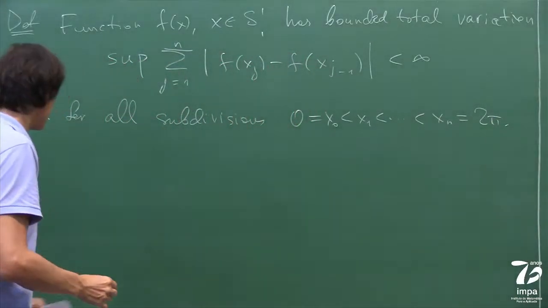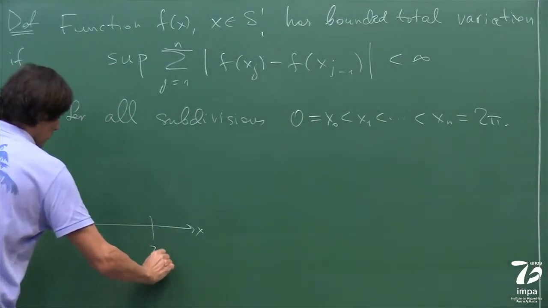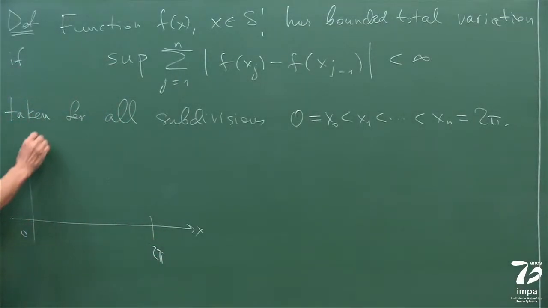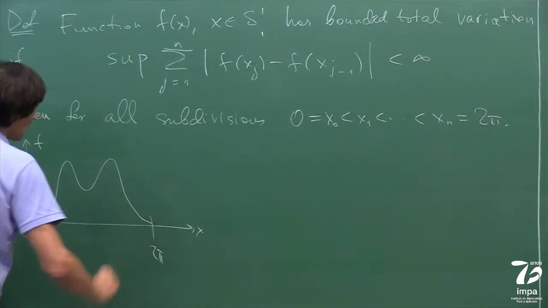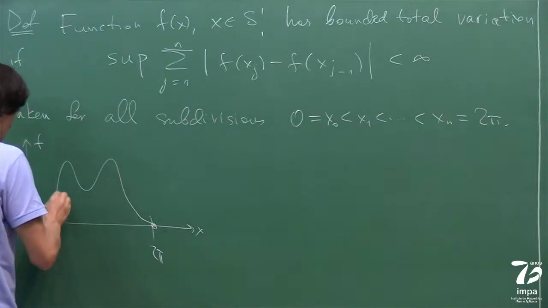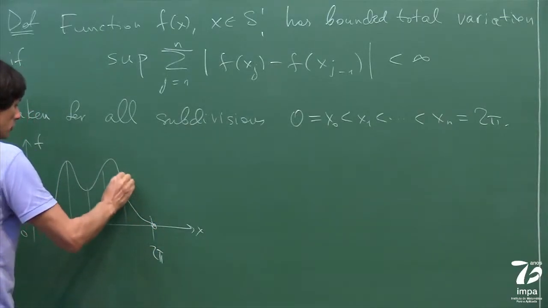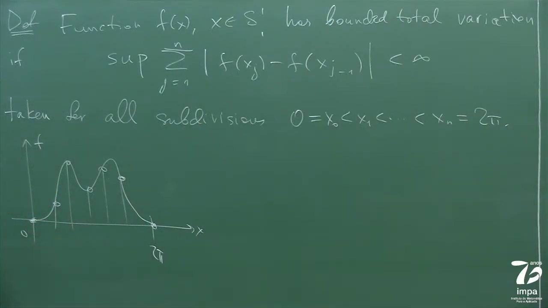What it means is that you have a function considered on the 2 pi interval, and you take any set of points, an arbitrary number, arbitrarily spaced, and then compute the sum of the differences.